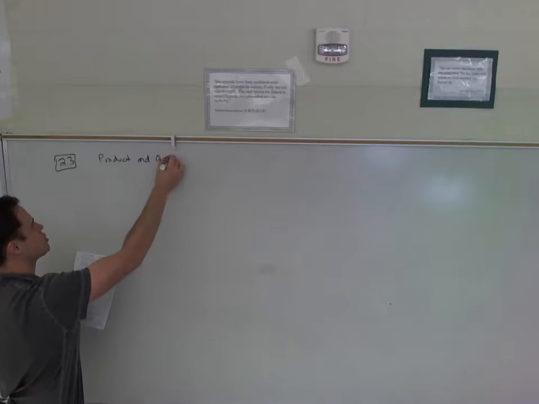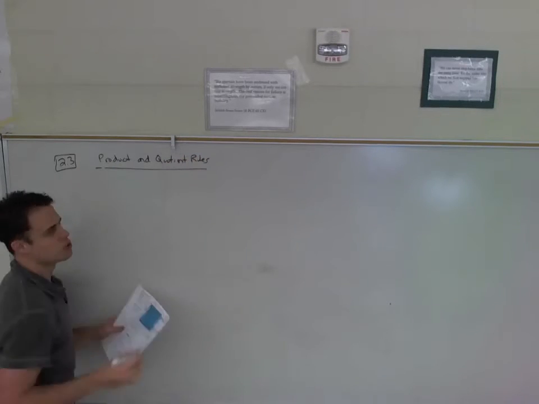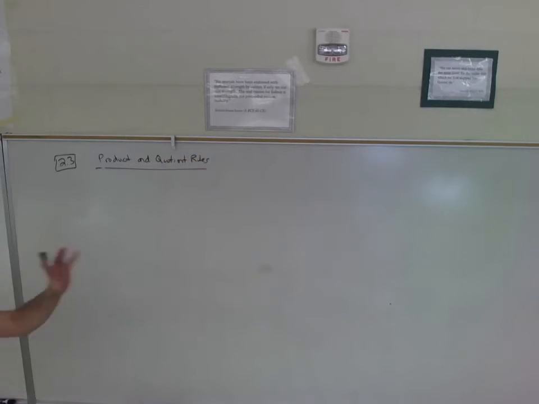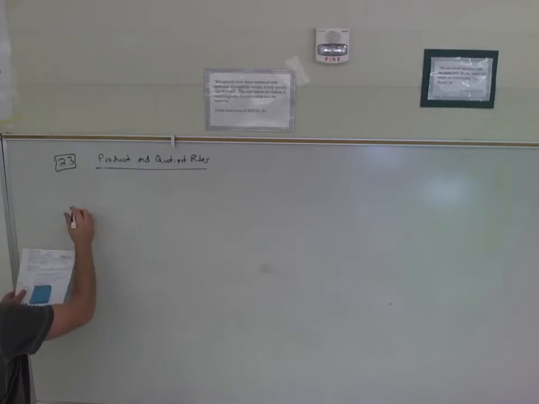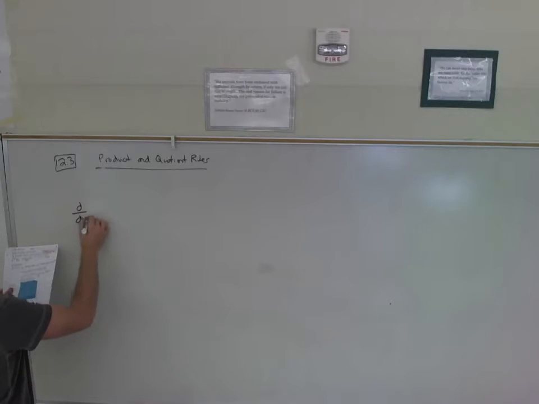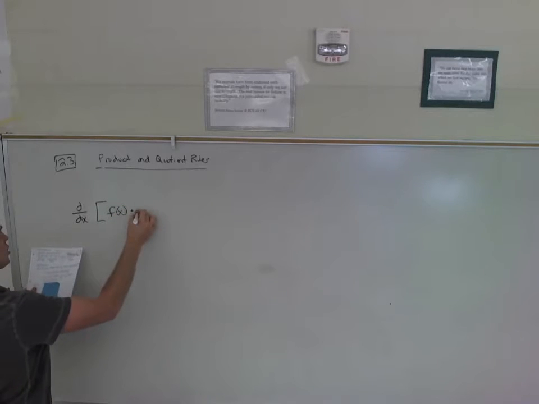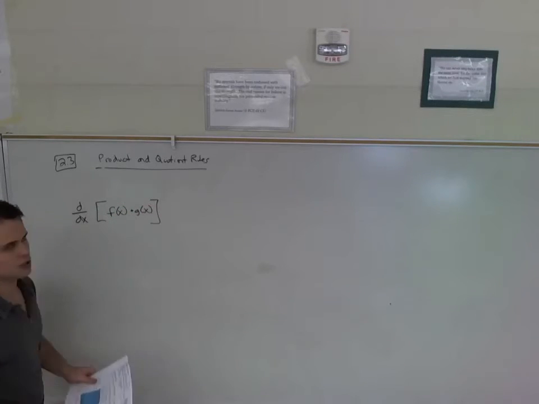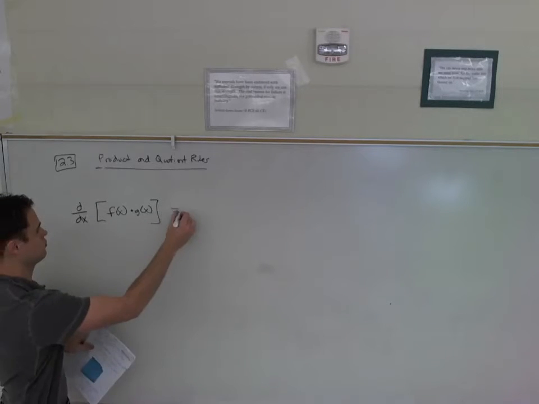Product and quotient rules. That's what we're going to learn in this one. I have the proof of the product rule, but since we saw that big proof today, I think we'll see the other one tomorrow. We don't want to overload you guys. So let me just tell you what these rules are, and I'll prove one of them tomorrow. So the derivative of f times g. We had a couple problems in our last assignment where you distributed to avoid having to do this. Why don't you have a dy?